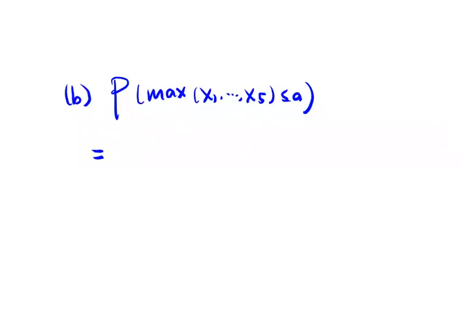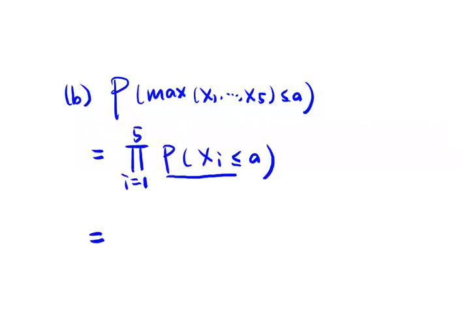Of course because they're independent, you can have the product, and then you need to find each of the xi is smaller or equal to a. And this is the CDF evaluated at point a.